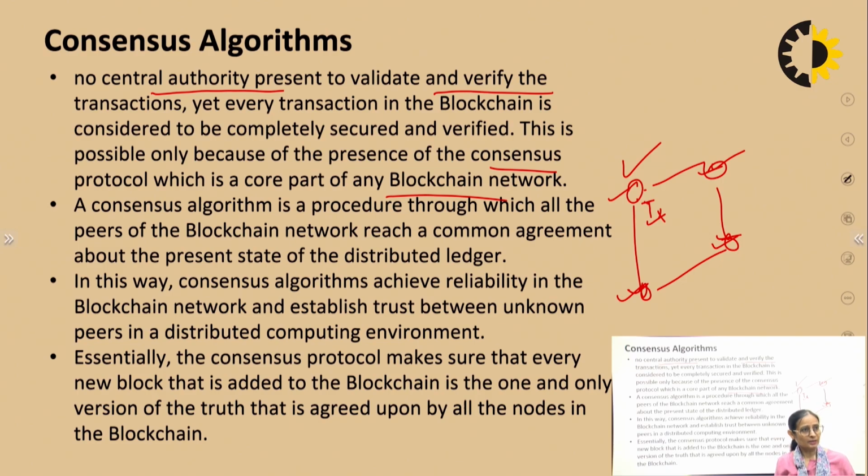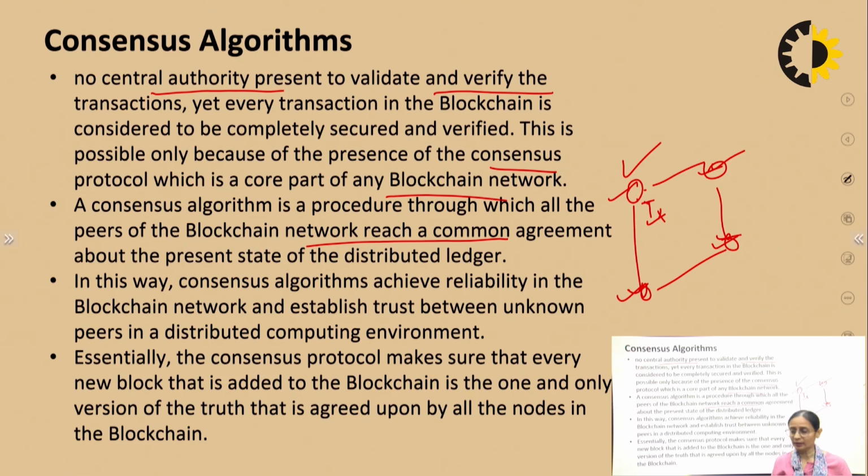So a consensus algorithm is a procedure through which all the peers of the blockchain network reach a common agreement about the present state of the DLT. In this way, consensus algorithms achieve reliability in the blockchain and establish a trust factor among unknown parties.